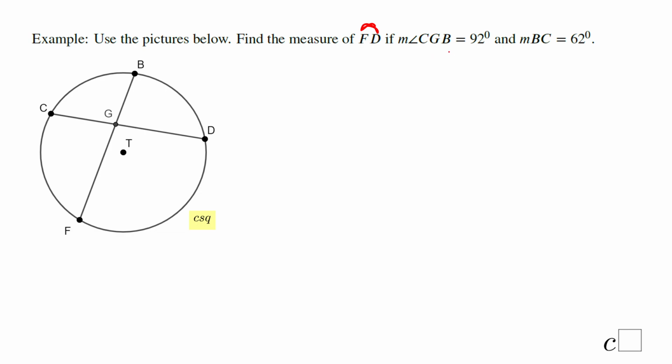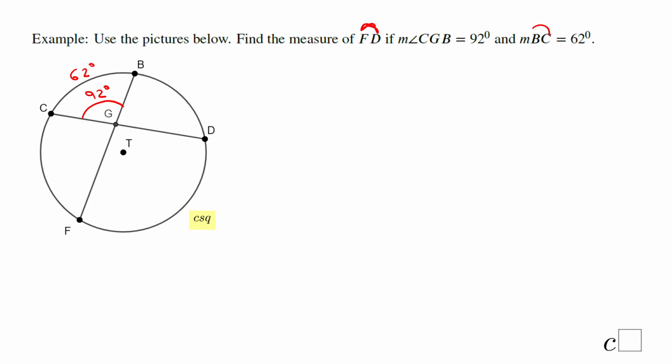If the measure of angle CGB, this one, is 92 degrees, and the measure of arc BC is 62 degrees, so we know this arc also.